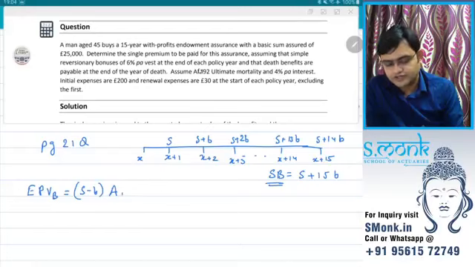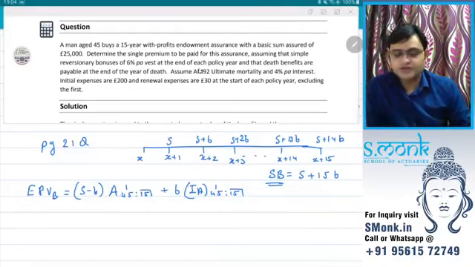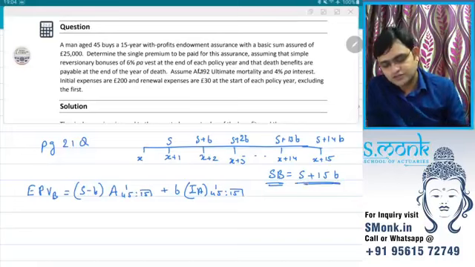Ultimate mortality, so I have A 45 dash 15 plus B IA 45 dash 15. Okay. This is the death benefit. What about survival benefit? Survival benefit of this much.